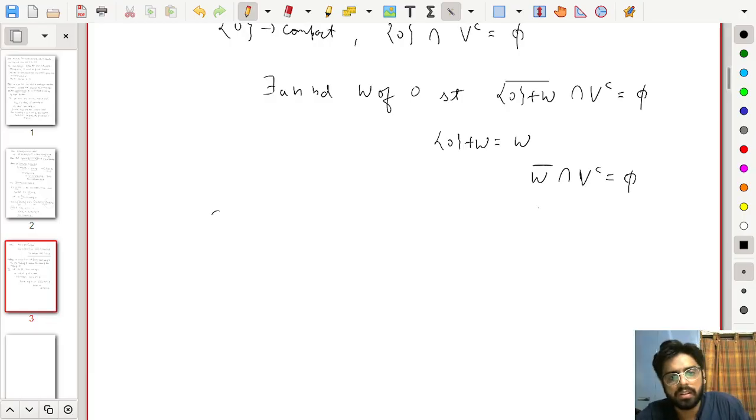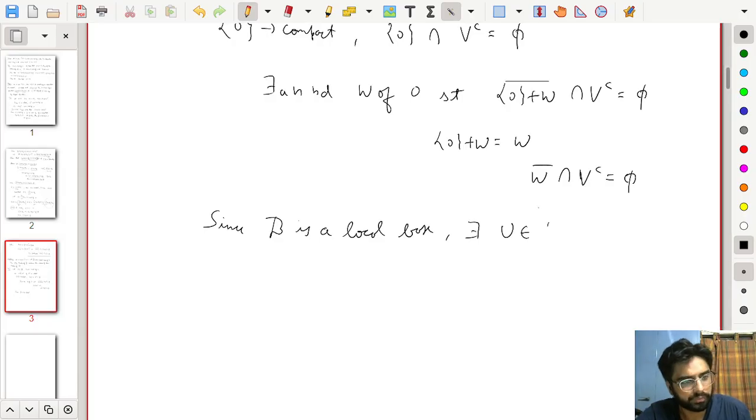Now since B is a local base, there exists U belonging to B such that U is contained in W. This is by the definition of local base.